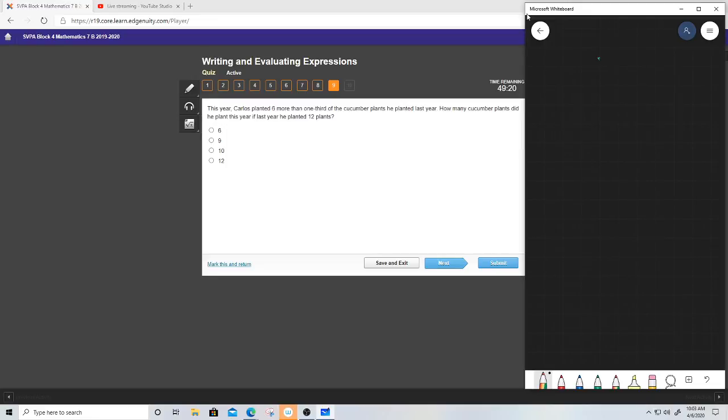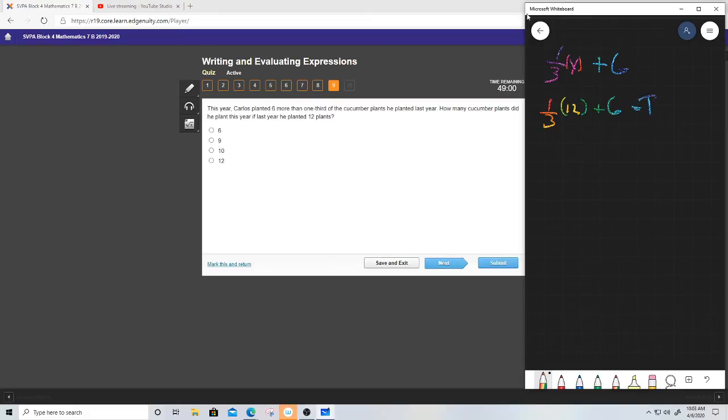Carlos planted 6 more than 1/3 of last year. I guess I'll put a Y. So if last year he planted 12, what did he plant this year?